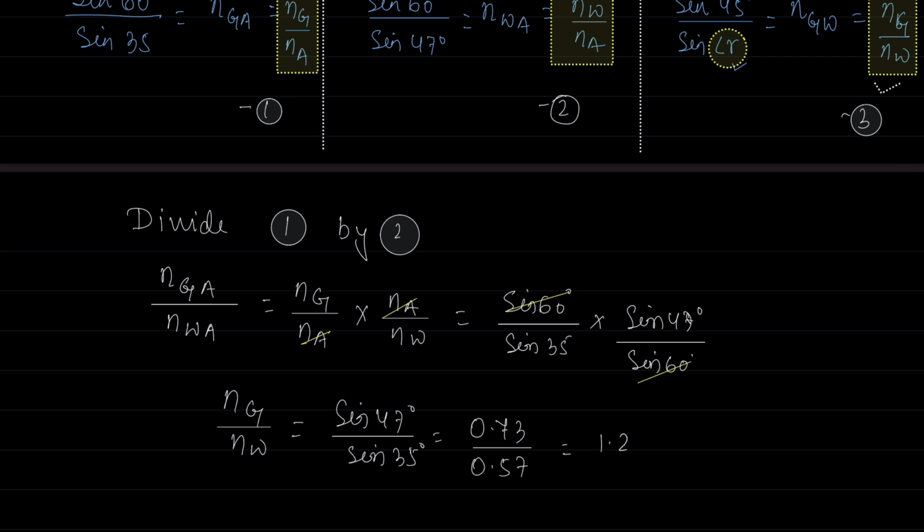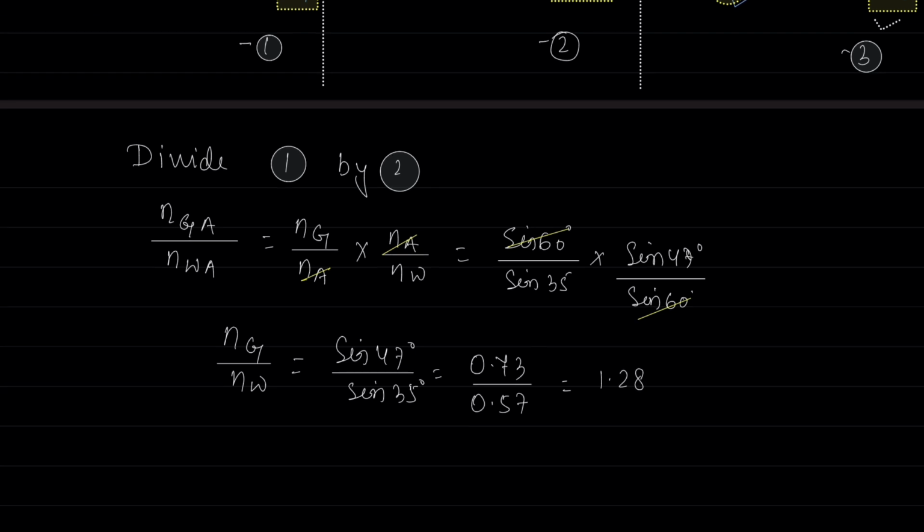It's equal to 1.28. So now we got the value of Ng by Nw, equal to 1.28, and it is also equal to Ngw.